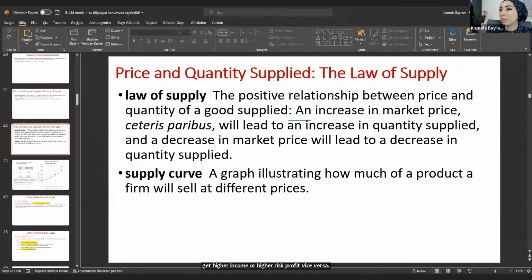It will not really be worth it to go and spend your energy, your time, and some gasoline on your boat to go fishing, right? There are some examples, for example, when the price of some agricultural goods, let's say onion or potato, is very, very low.